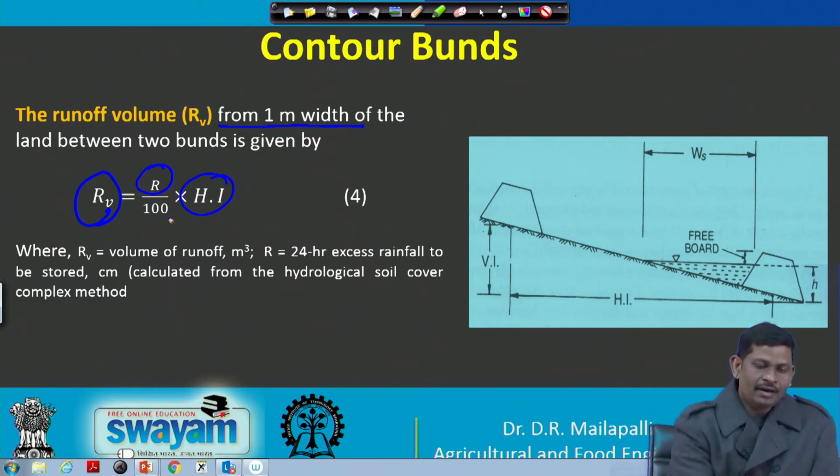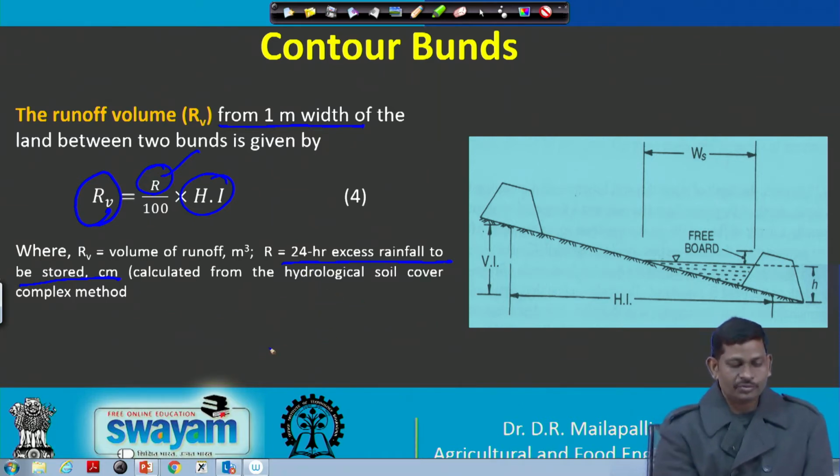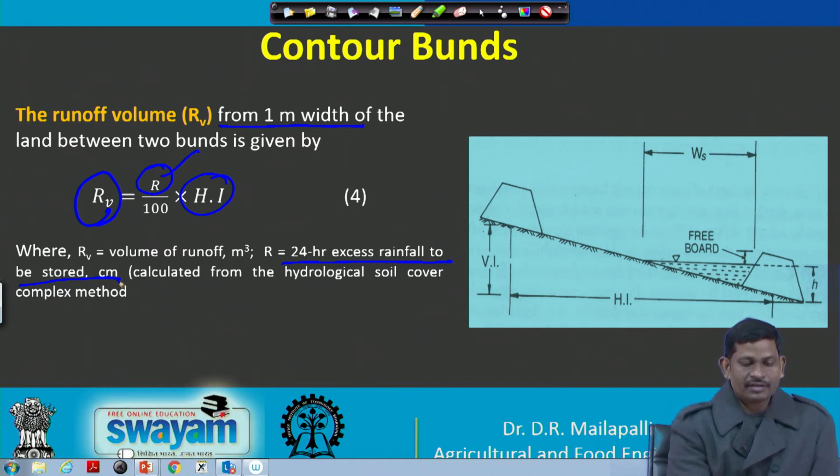So that will be R divided by 100 into horizontal distance, where R is the 24 hours excess rainfall to be stored in centimeters. Since Hi is in meter and R is in centimeter, R by 100 will be in meters. So this will be the 24-hour excess rainfall to be considered. So RV, the storage per unit width, you get.